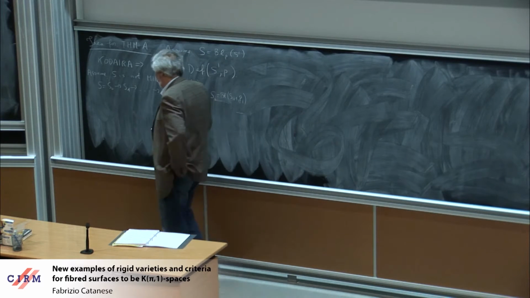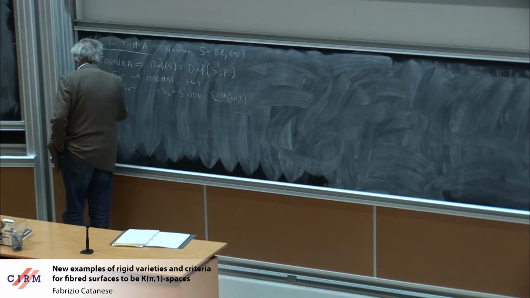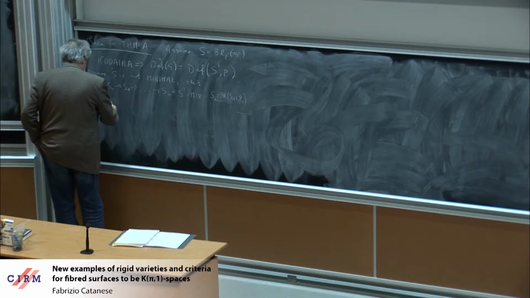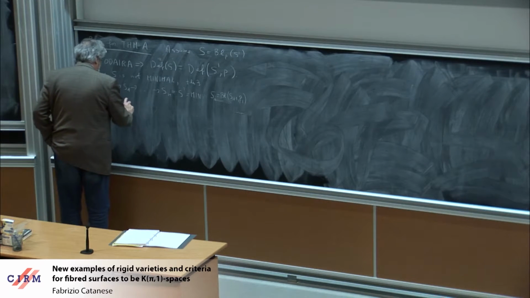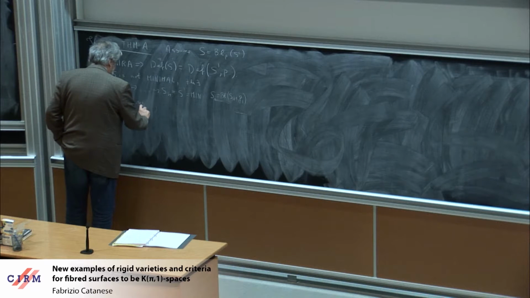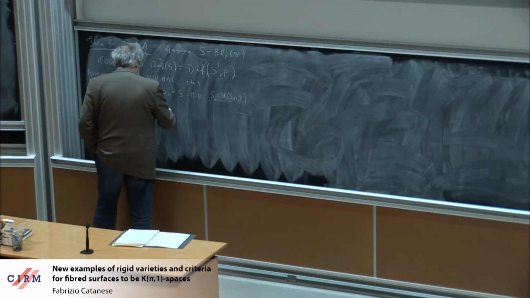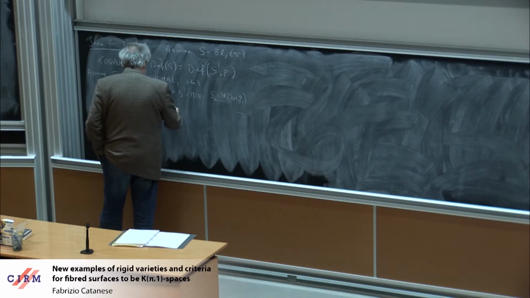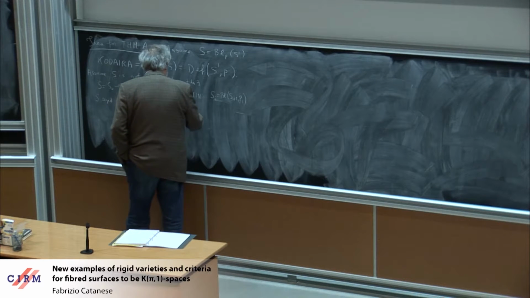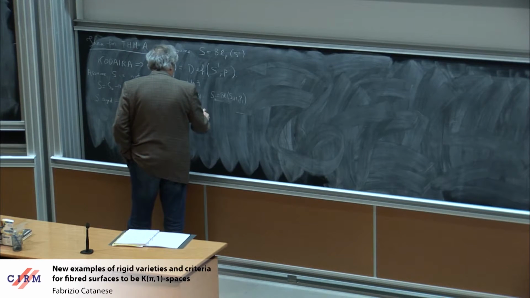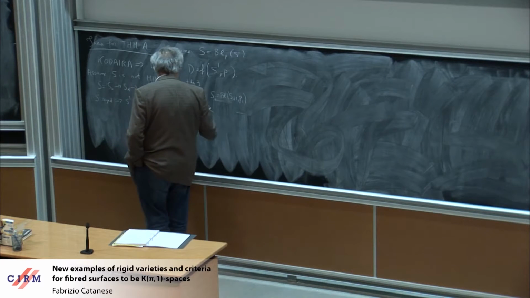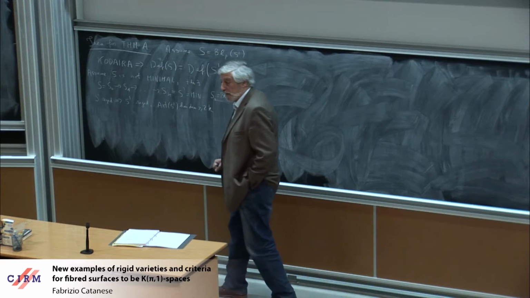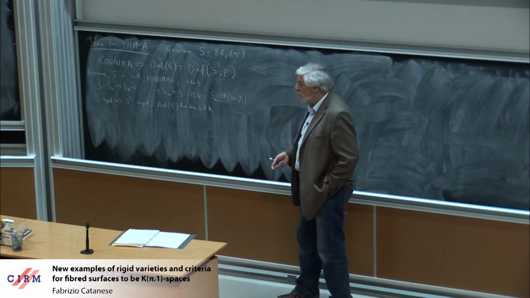So S rigid implies S prime is rigid, and the automorphism group of S prime has dimension at least 2k. In particular, it is transitive.